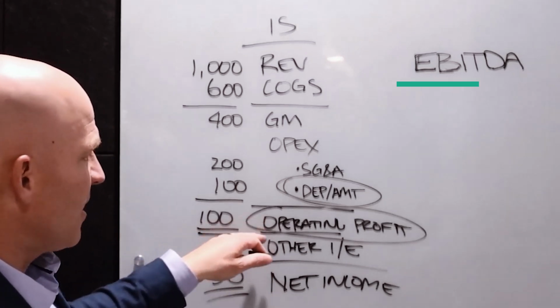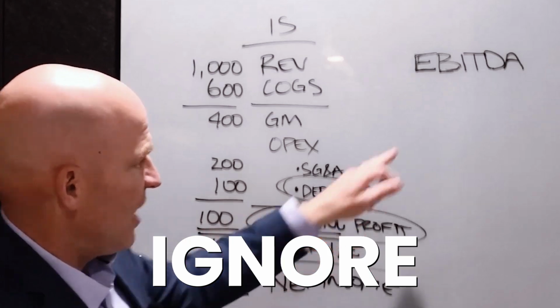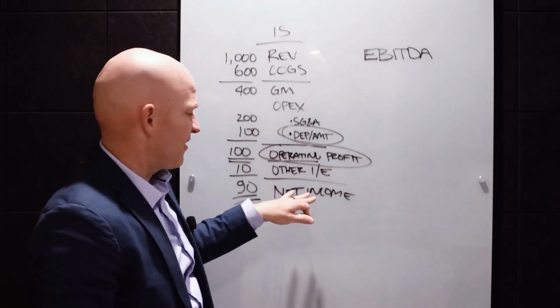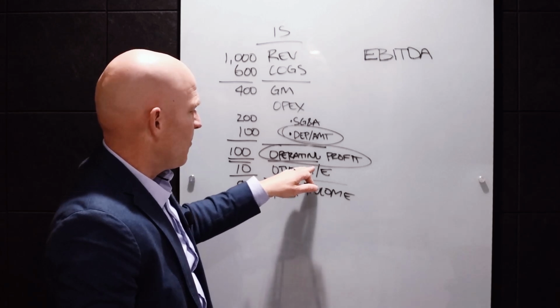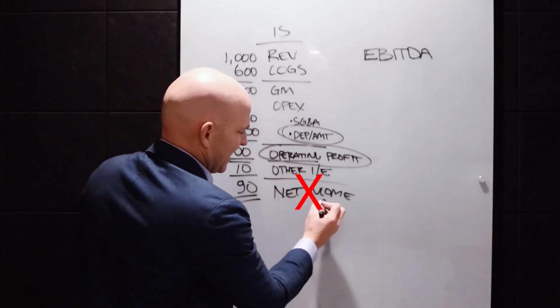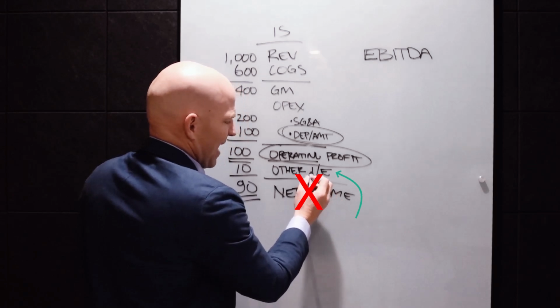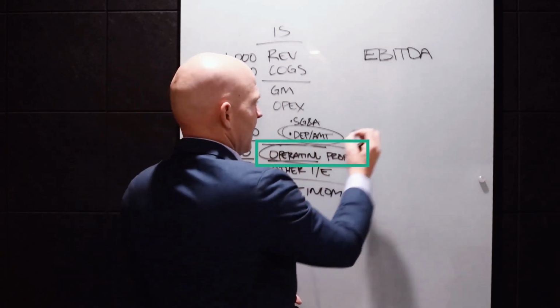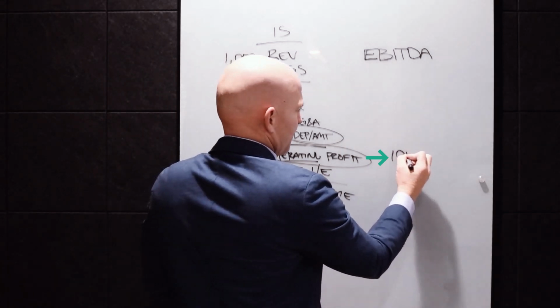Okay, but for EBITDA, we want to ignore interest, right, and taxes. And taxes aren't included in this example because I explained why just a minute ago, but interest is, it's down below in other income. So we don't want to use net income, or then we're going to have to add back this line item and then it gets all weird. So let's just start with operating profit here of $100.